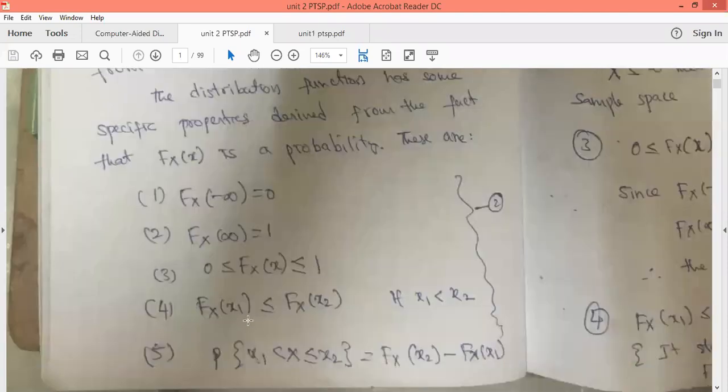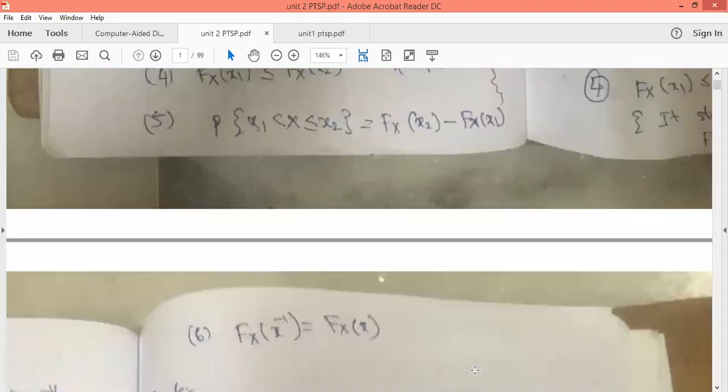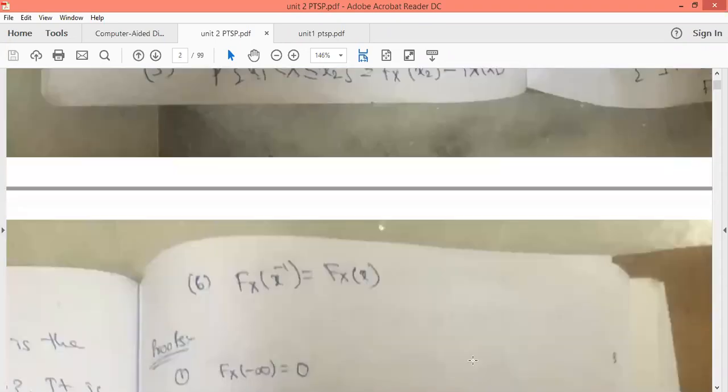F_X(x1) is less than or equal to F_X(x2) if x1 is less than x2, and the probability of x1 less than X less than or equal to x2 is given as F_X(x2) minus F_X(x1). The sixth property is that F_X(x) inverse is equal to F_X(x). So these are the properties of the distribution function.